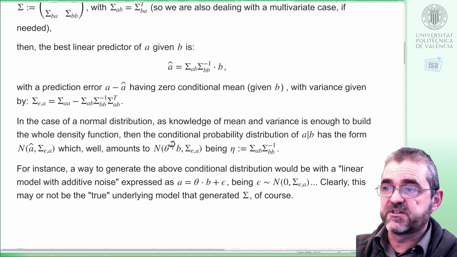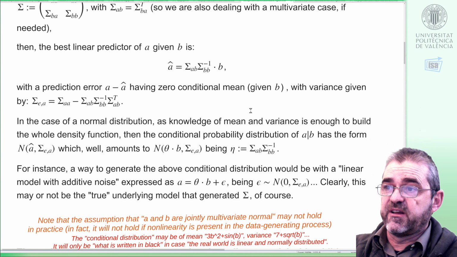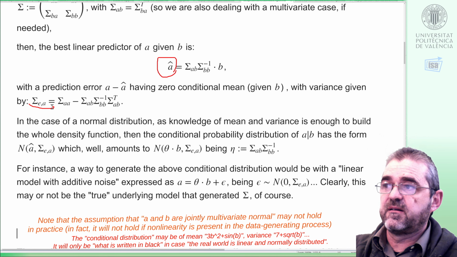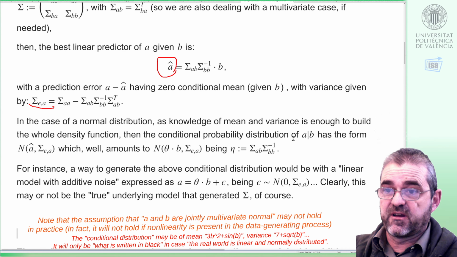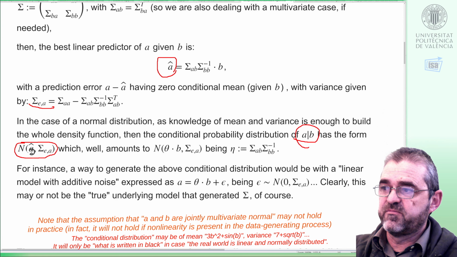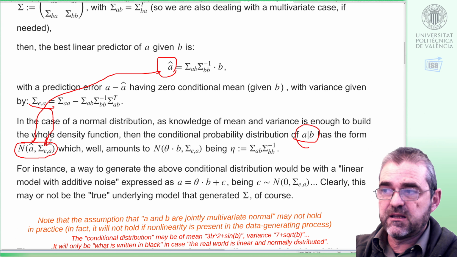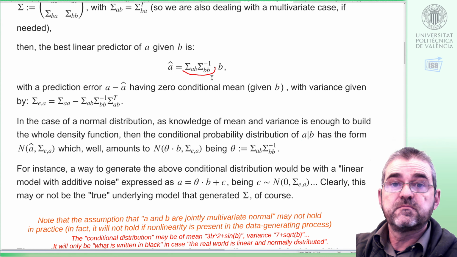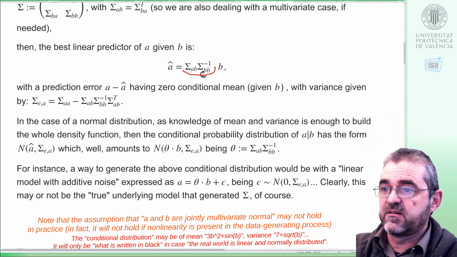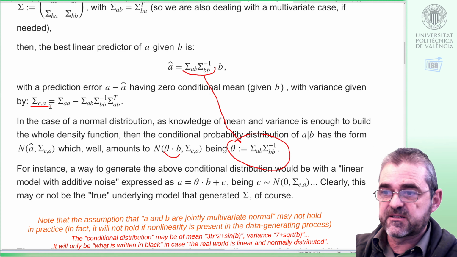If we now consider the normal distribution case, then if I know a mean and the variance, I can express the conditional distribution of A given B as a normal of mean hat A and variance sigma EA, the error of A. So if I name that thing theta, then the conditional distribution would be a normal of mean theta B and this variance.